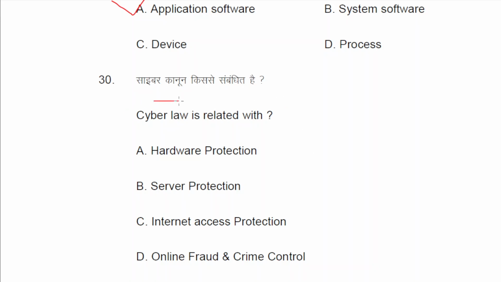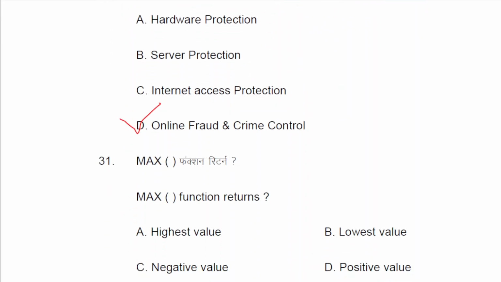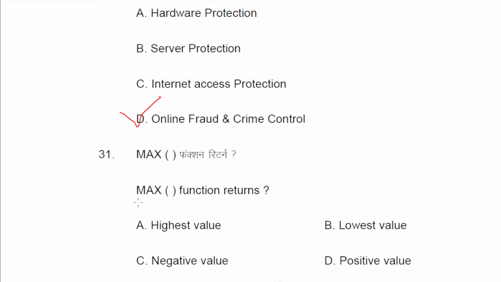So cyber law they have created to prevent any illegal data mining or any illegal data phishing. For that we have online fraud and criminal control, so we have created the cyber law for online fraud and criminal control. So answer is D. Max, as the name suggests, it will take the highest value. The answer is A.